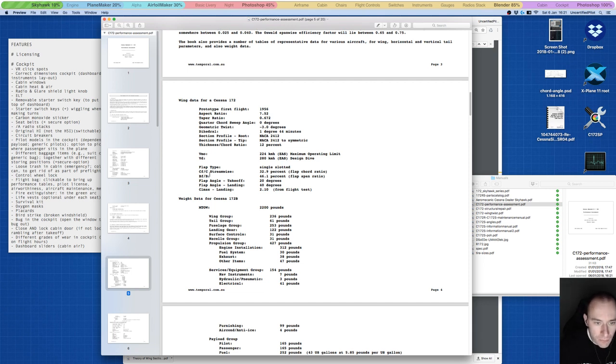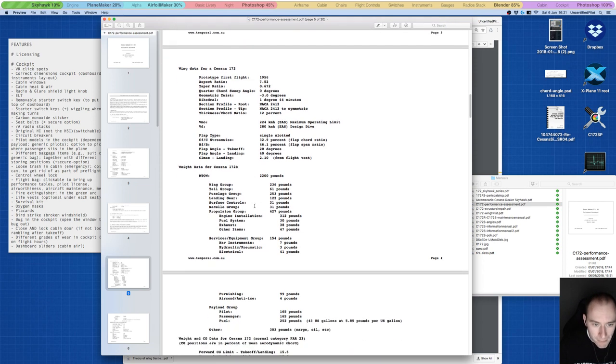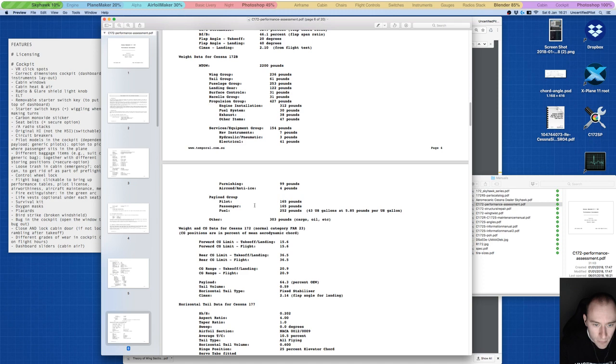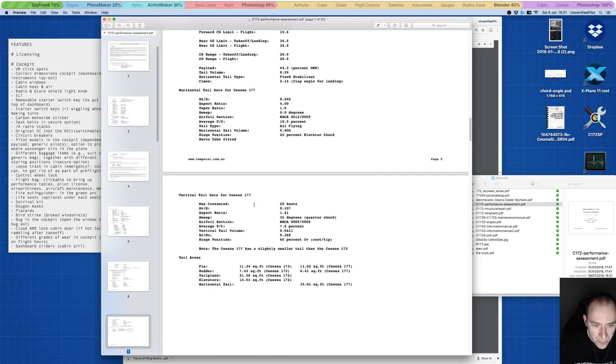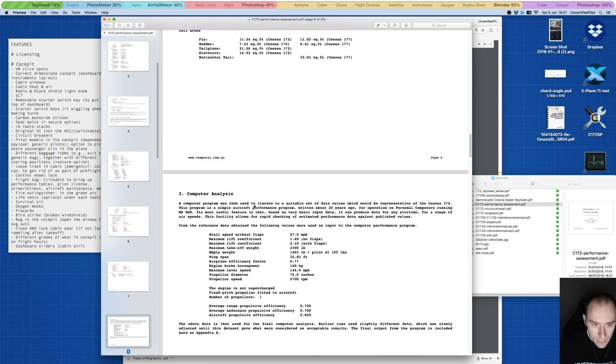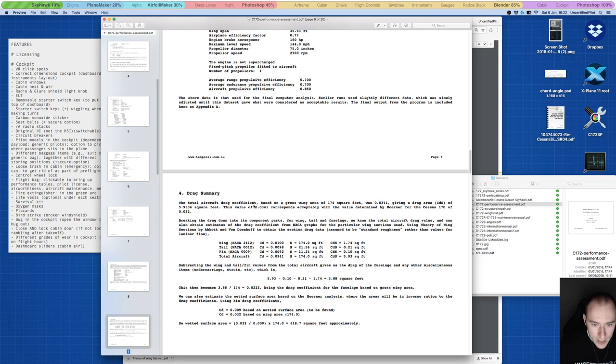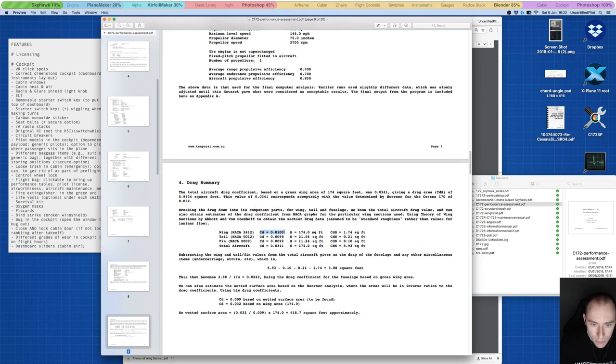CF, I don't know. Something that we need to put in PlaneMaker, I think. Computer analysis drag summary. This is more like it. The tail, what's the fin?